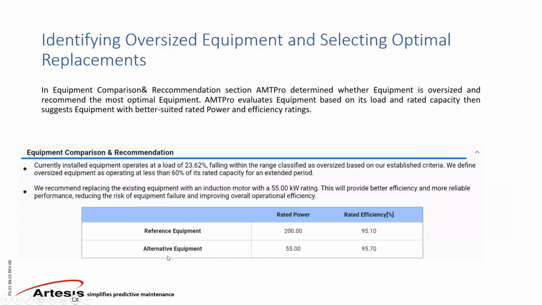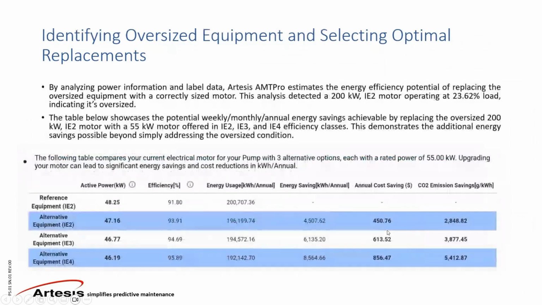So it will make a new suggestion for you automatically. This is the rated power you should have for this job, and this is the rated efficiency that the system recommends to you.